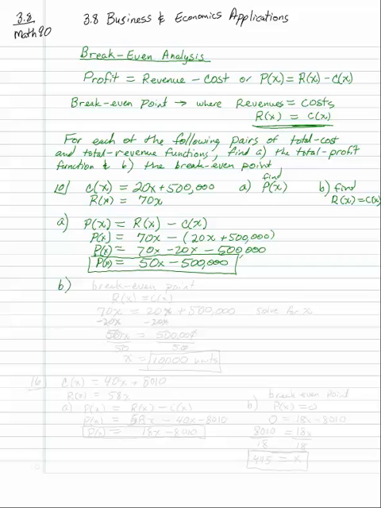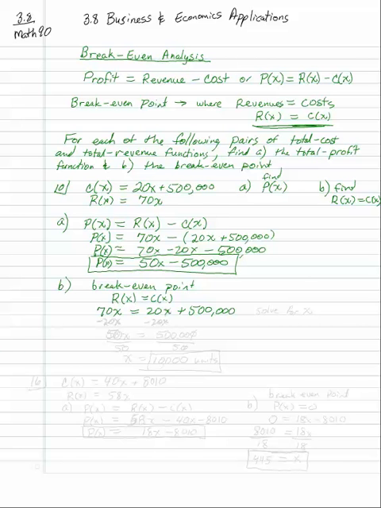Now for B, we want the break-even point. So we're going to find R of X equals C of X. R of X is 70x, C of X is 20x plus 500,000.